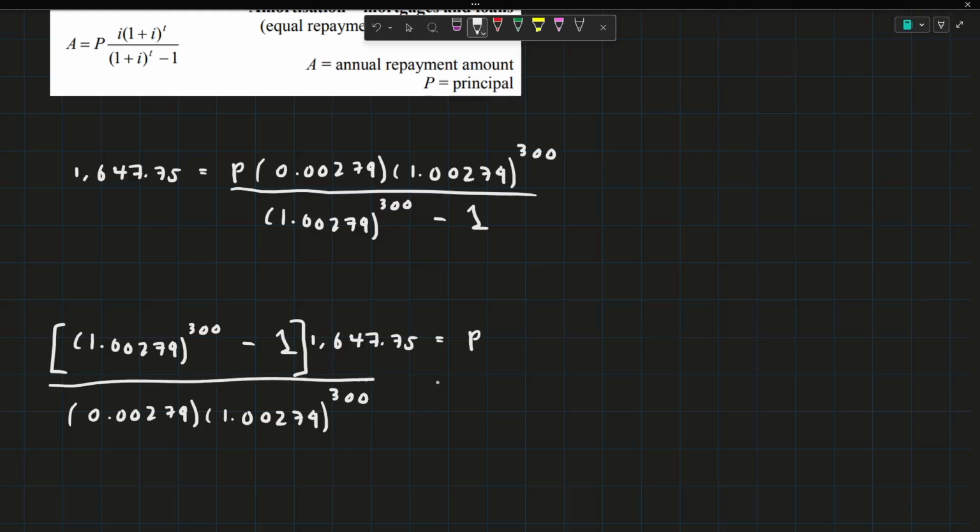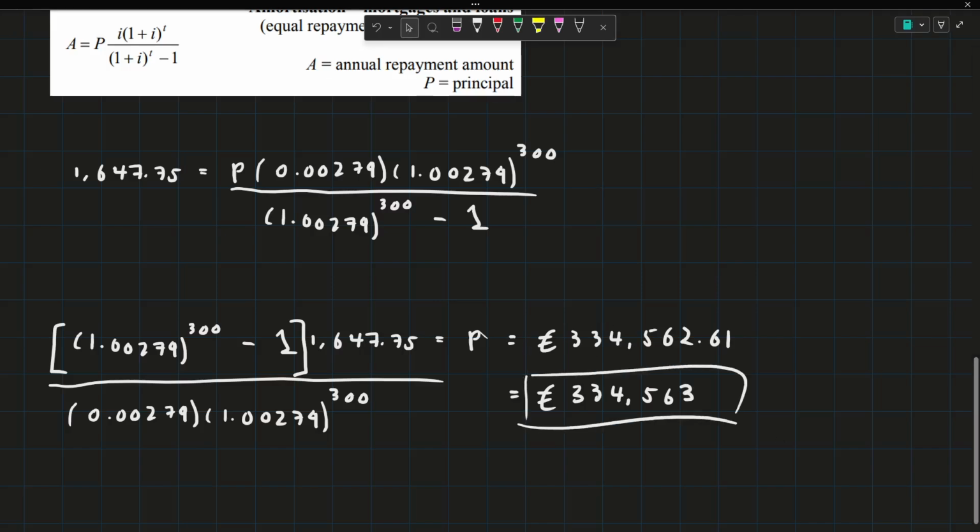That leaves us with P by itself, and you can just put that into your calculator. What you should get for P is 334,562.61, and it says to the nearest euro, so it's important that you put your answer as 334,563, because we round up since it's 61 cents. That is the answer.